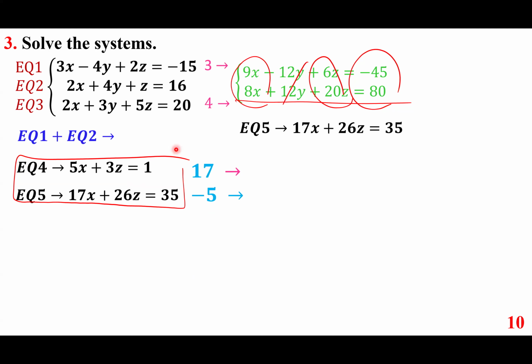So if I multiply 17 by the first equation, 85x, 51z equals 17. Minus 85x minus 130z minus 175.